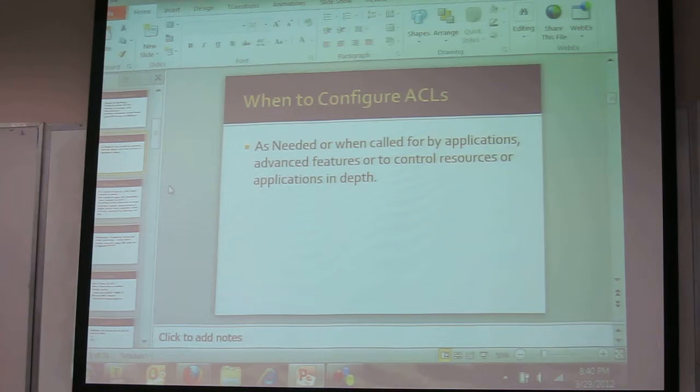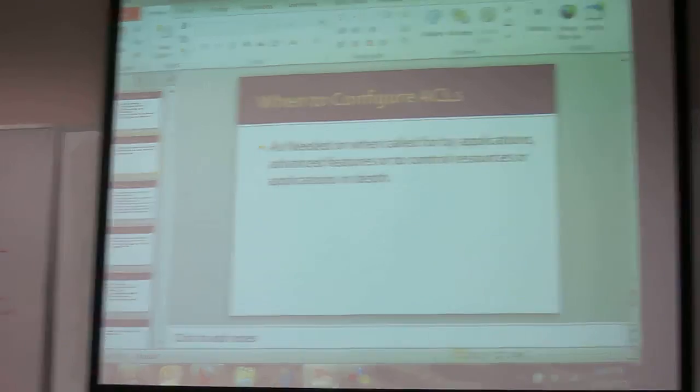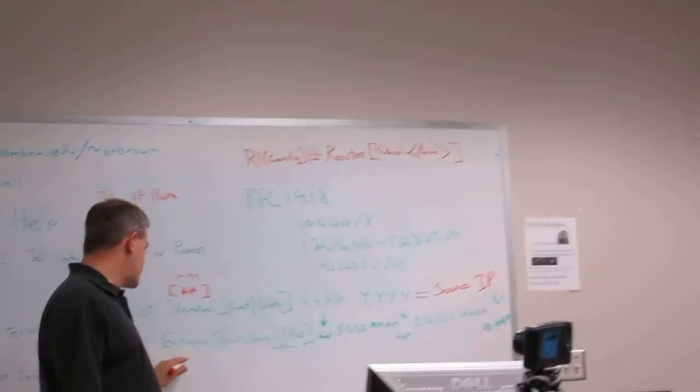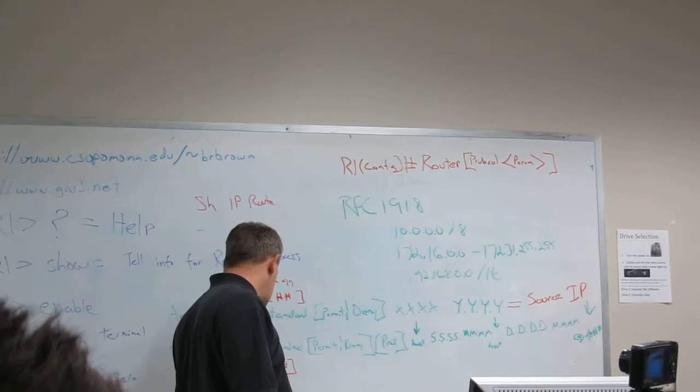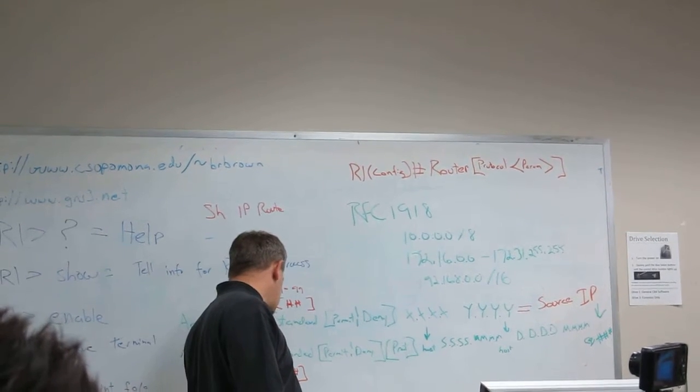The standard access list is going to be numbered 1 through 99. An extended access list is going to be numbered 100 through 199.